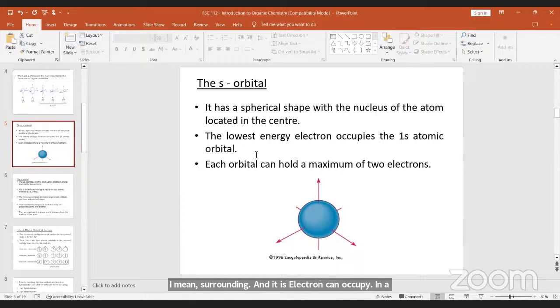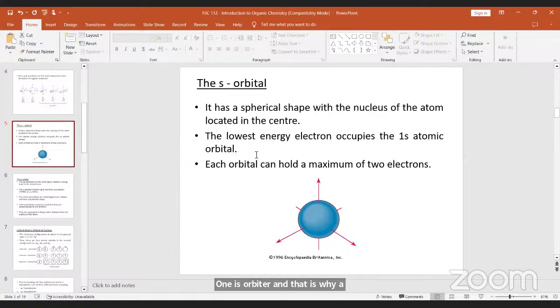In other words, the s orbital has an energy level that is low, and the lowest of the s orbital, and of course all orbital, is the 1s orbital. And that is why electron will always go into the 1s orbital first.